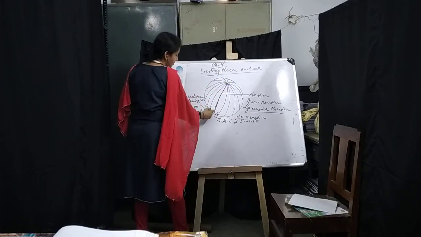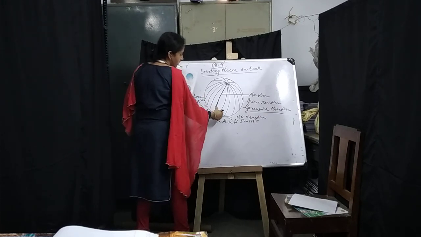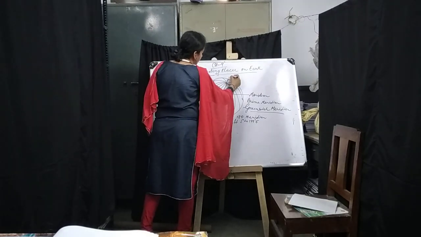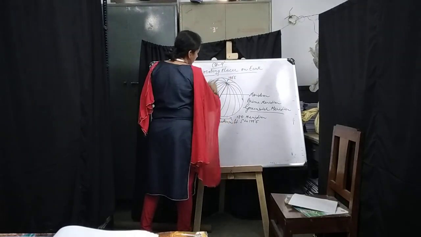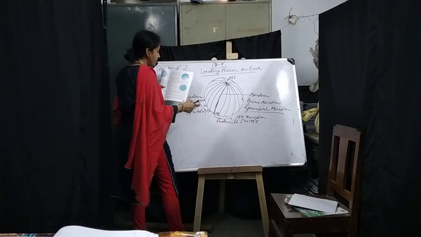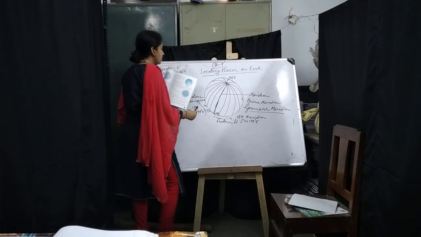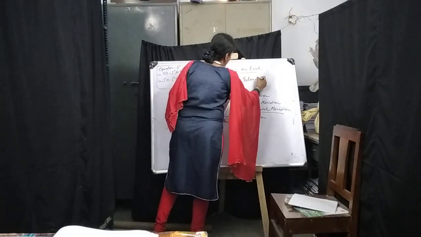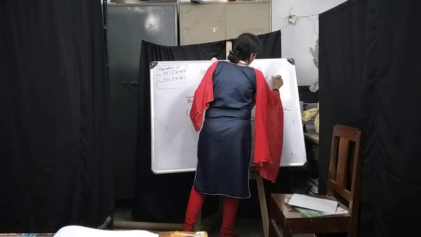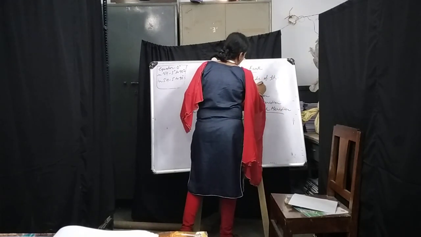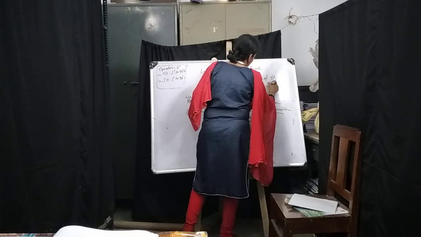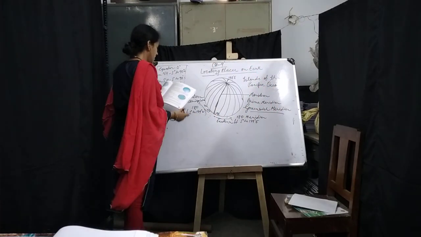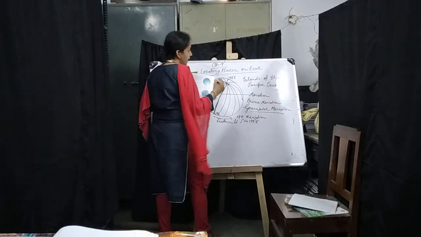So starting from here 1, 2, 3, 4 and starting from here 1, 2, 3, 4, 180 degree east and 180 degree west is the same line. And it passes through islands of the Pacific Ocean. And it is the International Date Line.